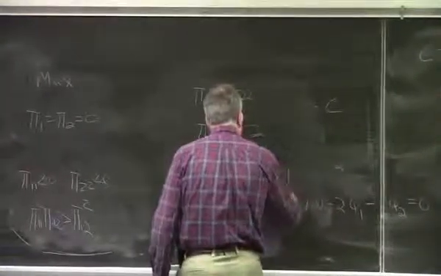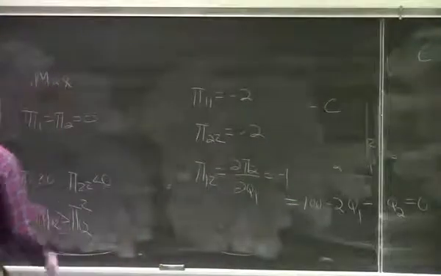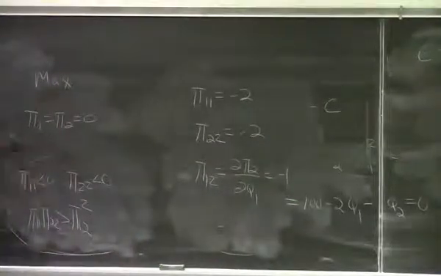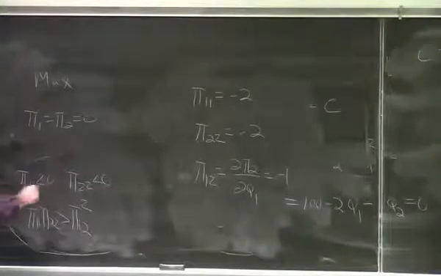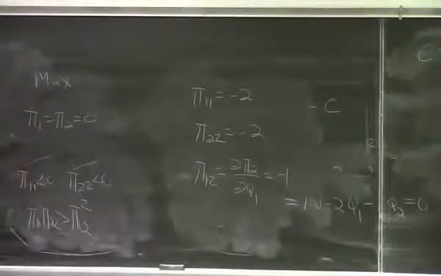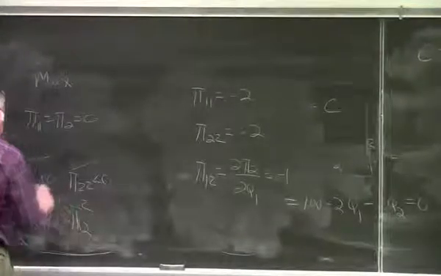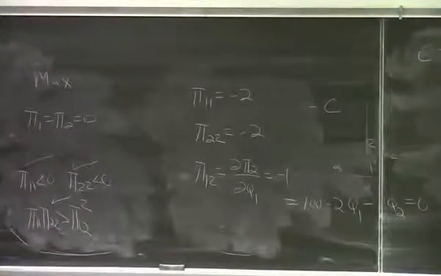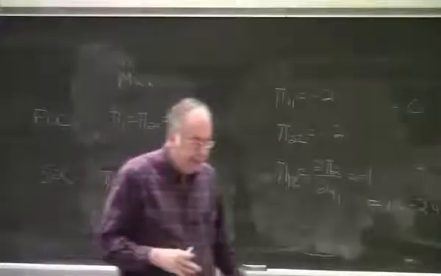So you can see in this case, pi 1, 1 is negative. Pi 2, 2 is negative. Pi 1, 1 times pi 2, 2 equals 4. That is greater than 1 squared. So this condition down here is also satisfied. So again, what we have is a profit hill.